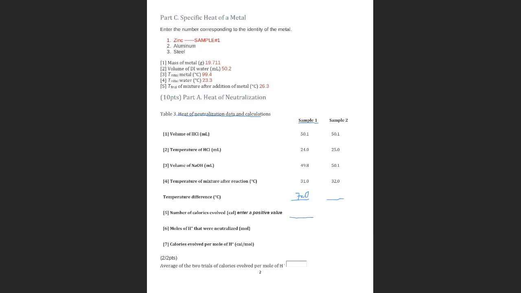And then here, number of calories evolved. Enter a positive value. So here they want a positive value. What if you do it? What do you get? How are you going to do it?